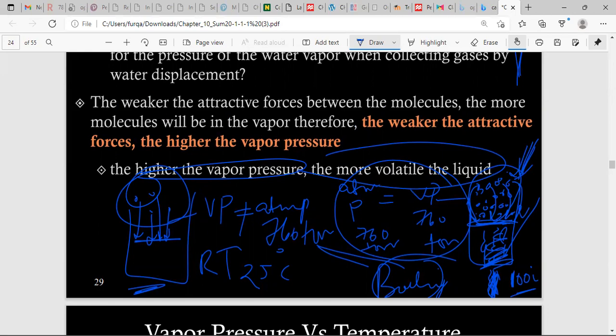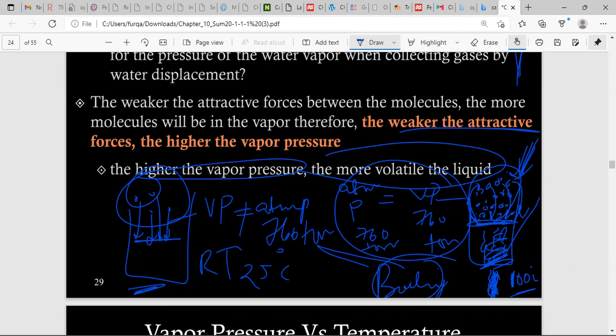That shows that even at room temperature, the vaporization process is faster in acetone. And why? Because probably the weaker intermolecular forces are present there.